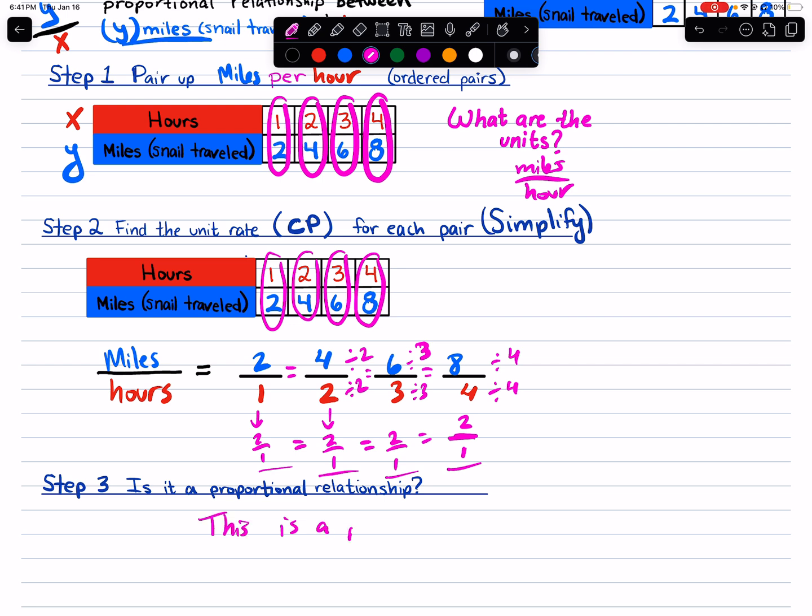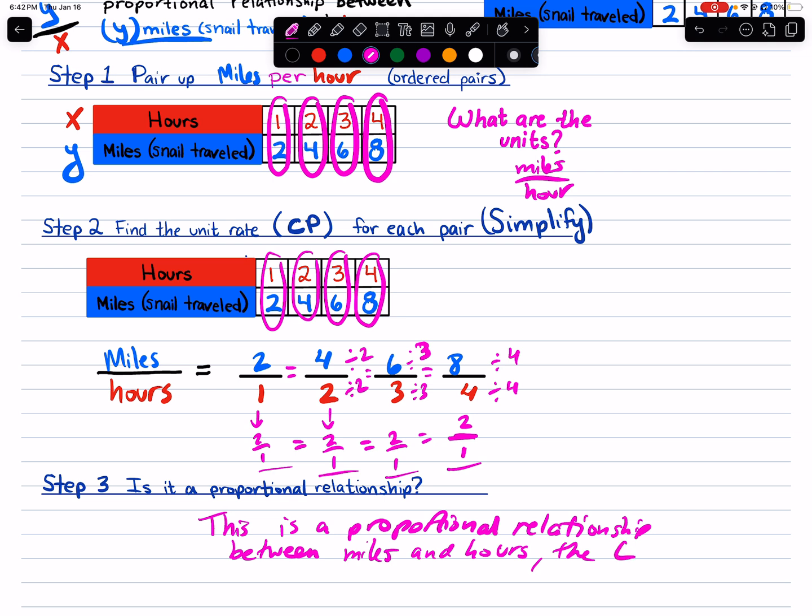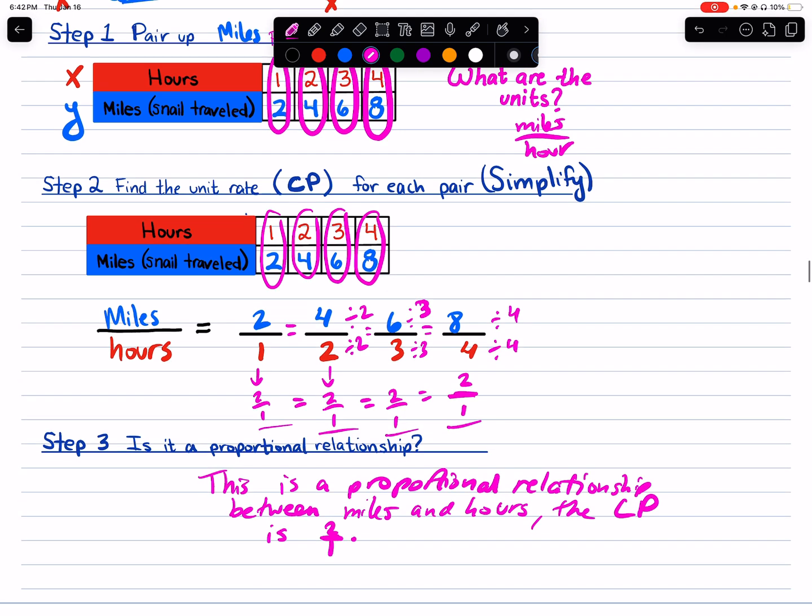This is a proportional relationship between miles and hours. The constant of proportionality, the CP, is 2 over 1. That is also called the unit rate, remember? The unit rate.